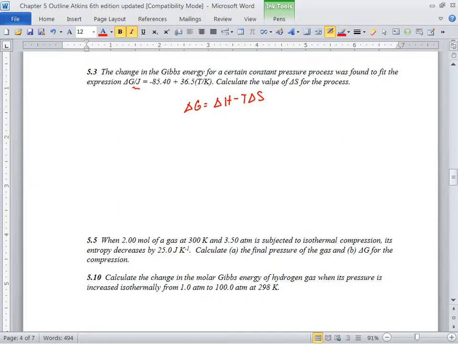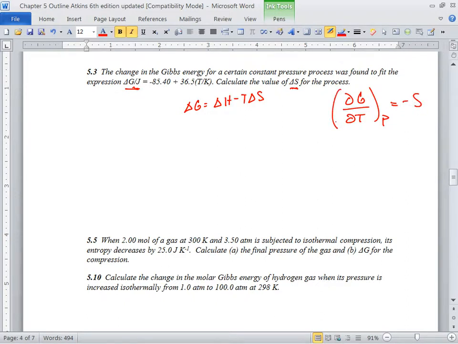That's not going to help us, because we don't have all that stuff. How is Gibbs energy related to entropy? That's what we're looking at. Yes, dG over dT at constant P equals negative S. That's the one we went over. The partial of G with respect to T at constant P is negative S.